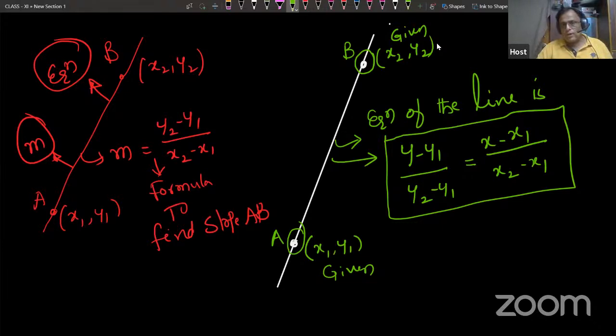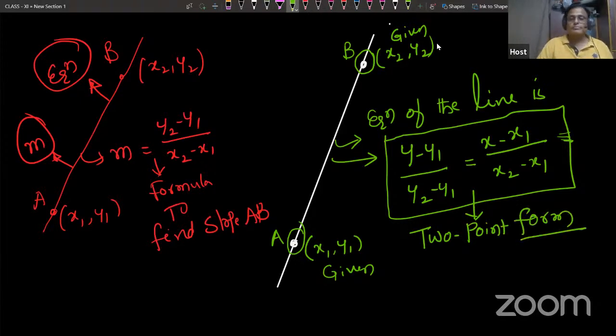Since we found this formula when two points are given, it is known as the 2-point form. We are going to derive this formula, and it is possible to prove it only when two points are given. That is the reason it is known as the 2-point form.